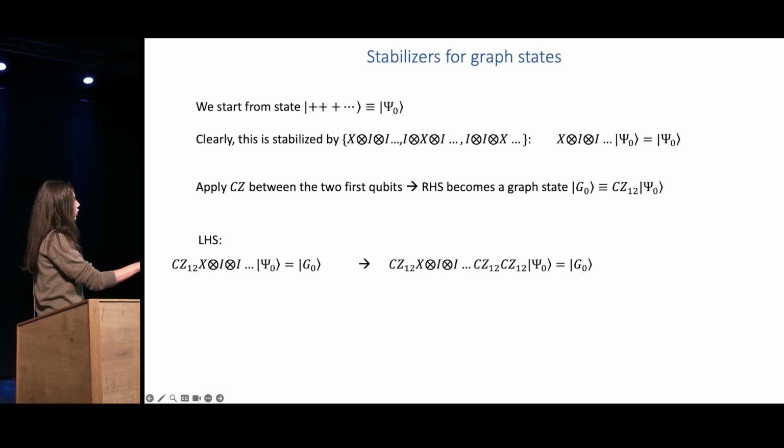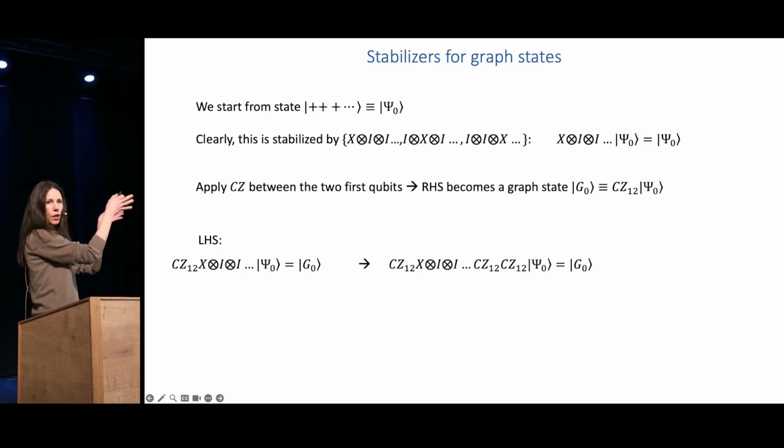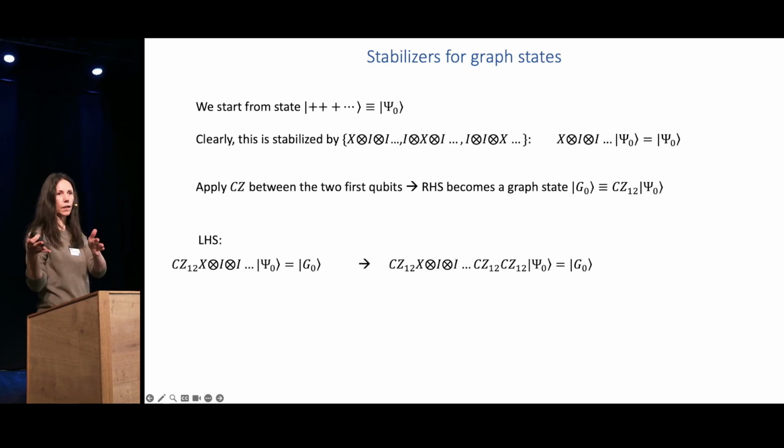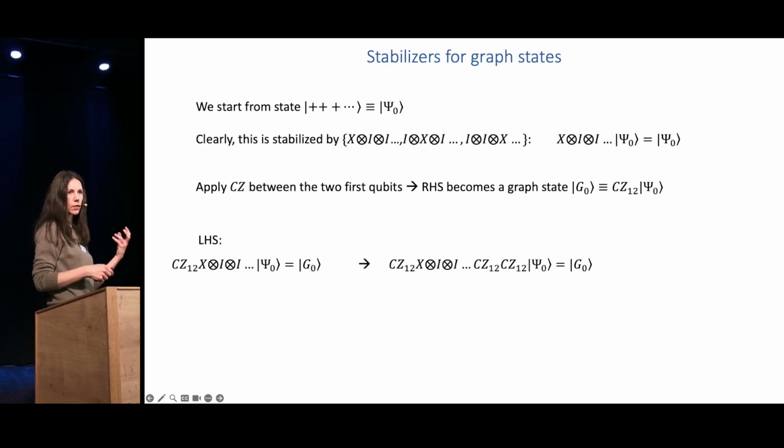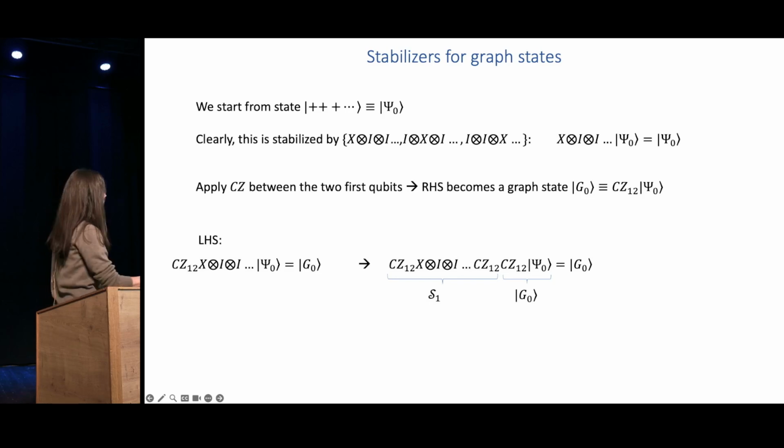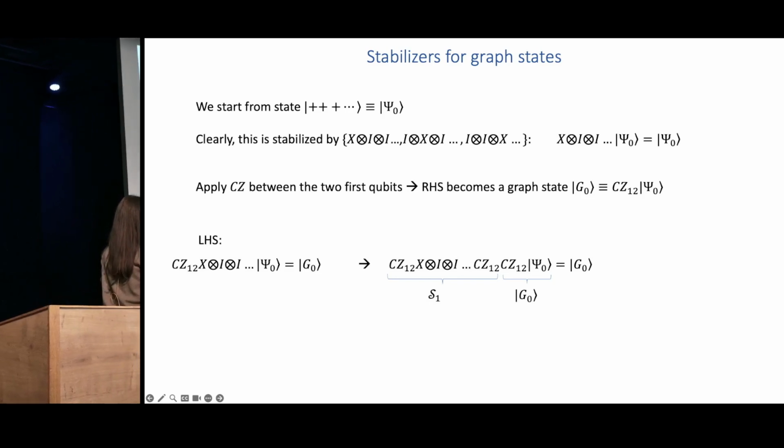Because CZ12 on C0 is just G0, right here. So now this will have to be the stabilizer, because I have an operator acting on a state equals that state. So now I'm going to see what the stabilizers are. I'm going from the left-hand side of the definition of a graph state to the right-hand side, where I show you what the stabilizers are. Again, this is the stabilizer. This is the state G0.